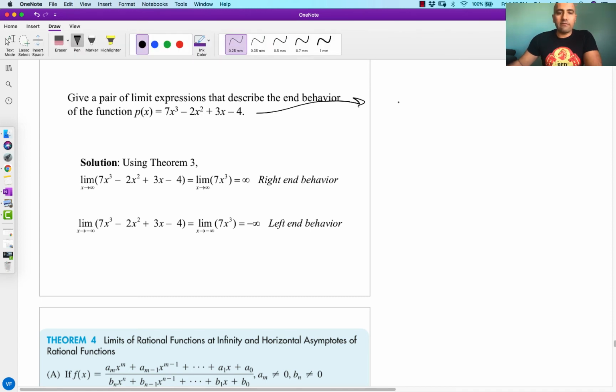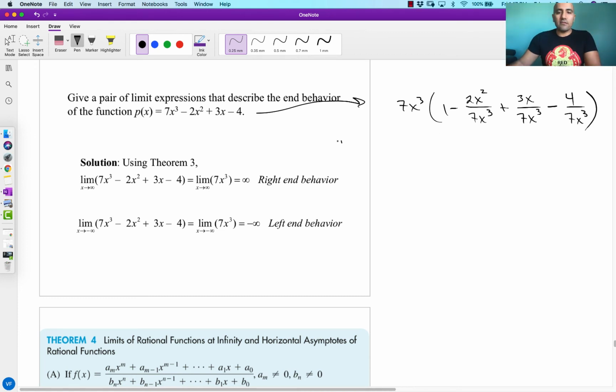I could say, let's factor out the 7x cubed, and I would end up with 1 minus 2x squared over 7x cubed plus 3x over 7x cubed minus 4 over 7x cubed.